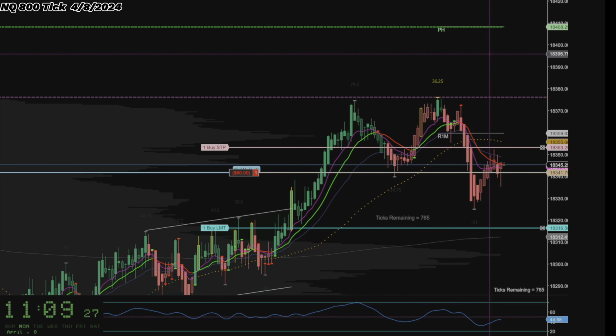So some buyers are showing up there. Yeah, it's not too good, but I'm looking at that 25 level, hoping that the area is gonna hold.